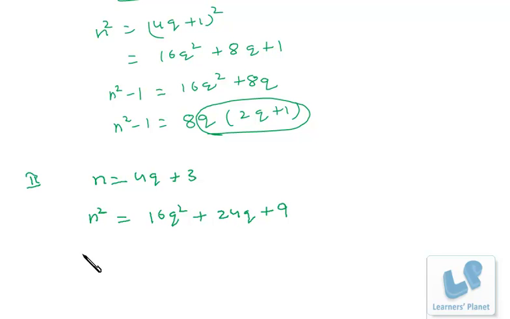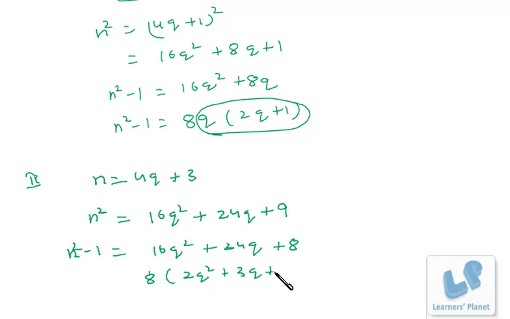Now we have to calculate n square minus 1. So I deduct 1 from both the sides. So n square minus 1 is 16q square plus 24q plus 8, right? 9 minus 1. Now I can take 8 as common. So it's 8 times 2q square plus 3q plus 1.